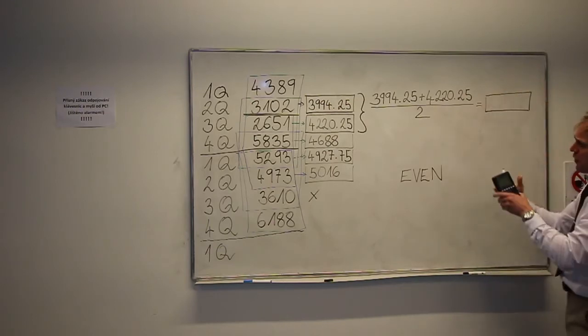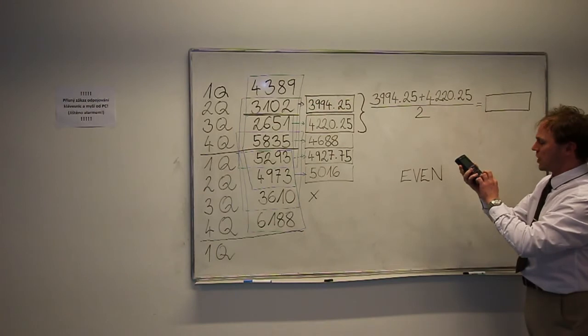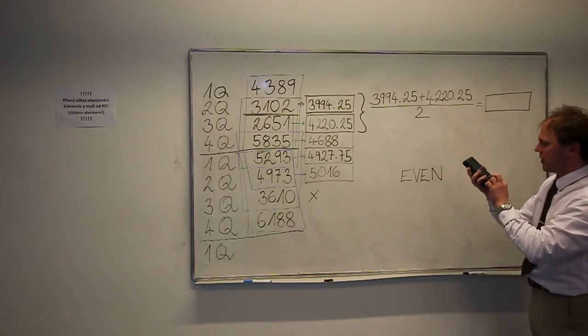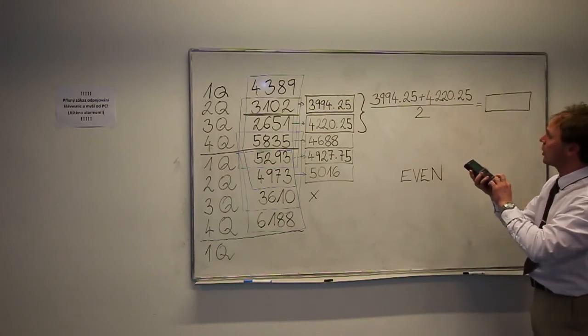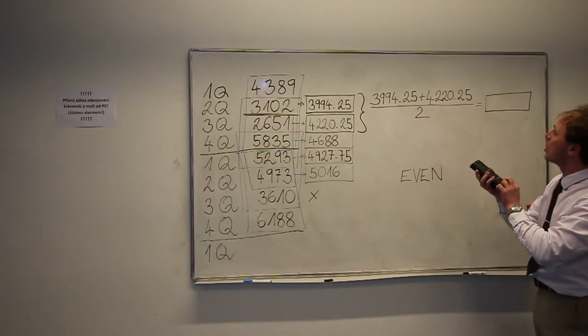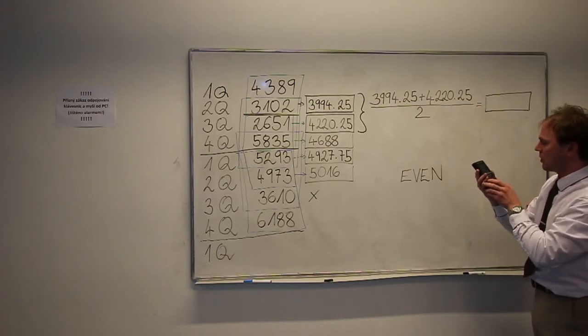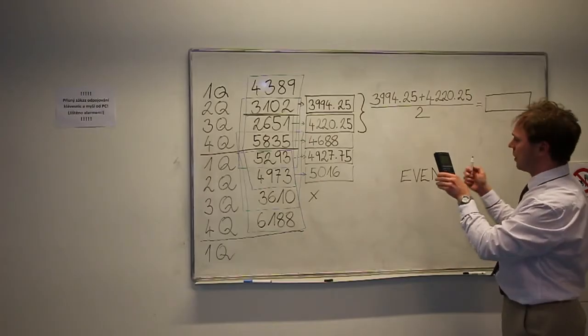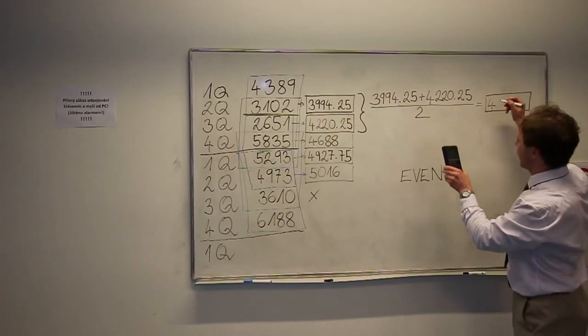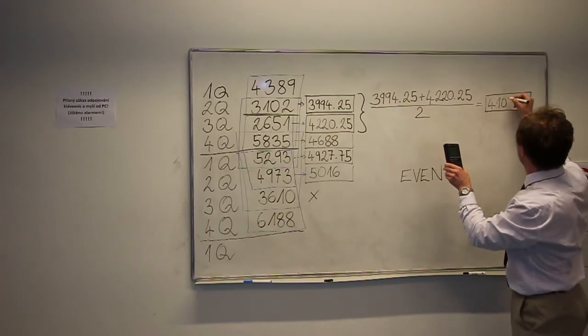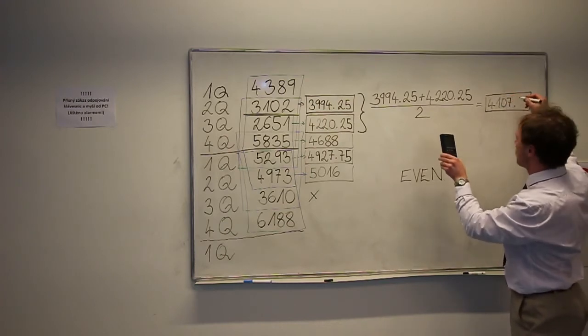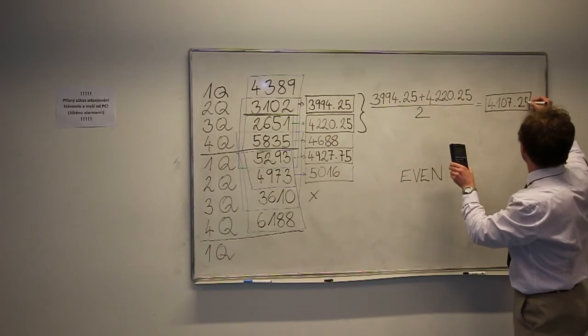The first final result. So please, 3,994.25 plus 4,220.25 divided by 2, and the result is 4,107.25.